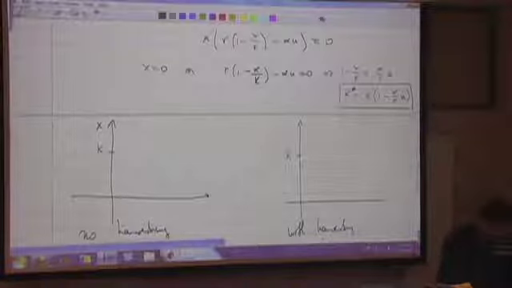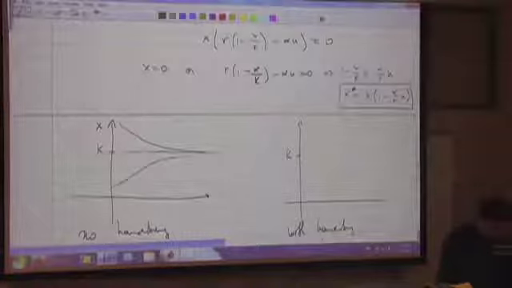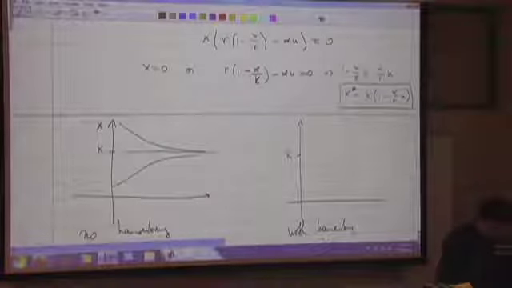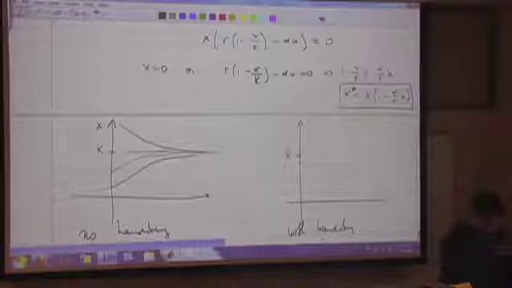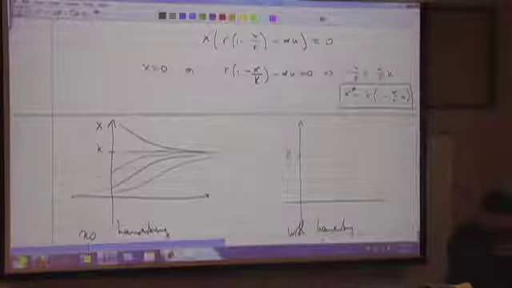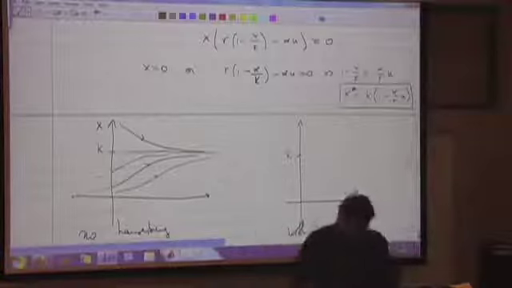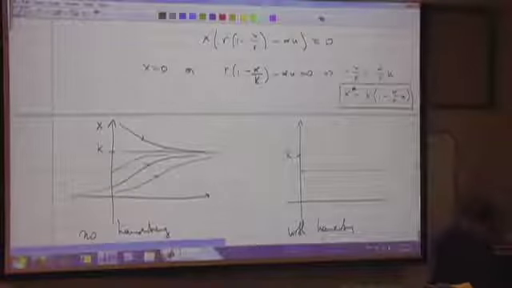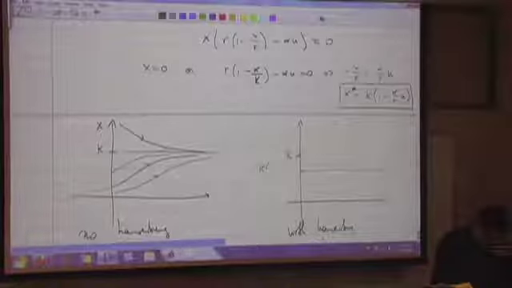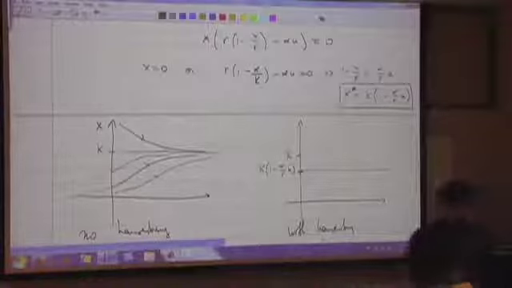But okay, if there is no harvesting, what does the logistic growth model say? If you start below this maximum sustainable population, you're going to go towards it, right? If you start above, you're going to decrease, so that's the maximum sustainable population without harvesting. And with harvesting, it's going to stabilize around a steady state.